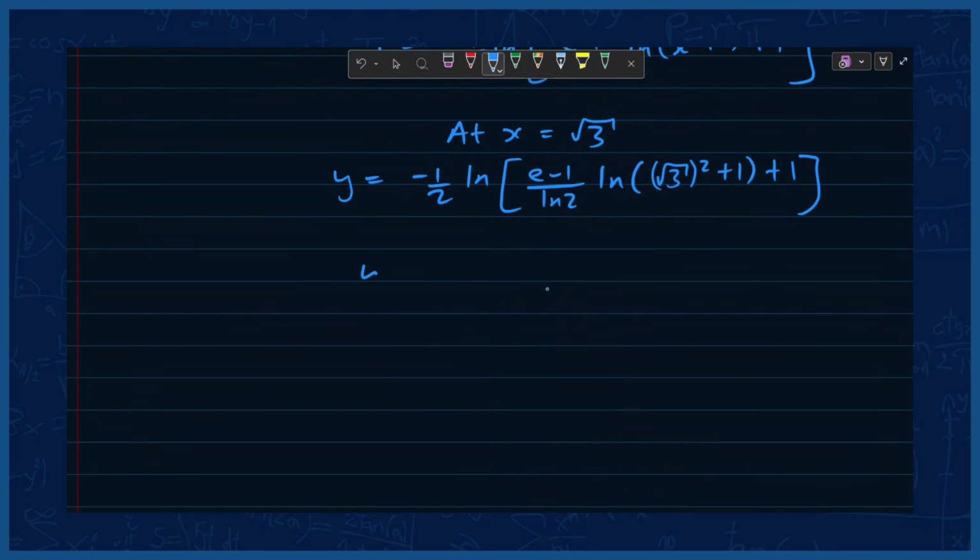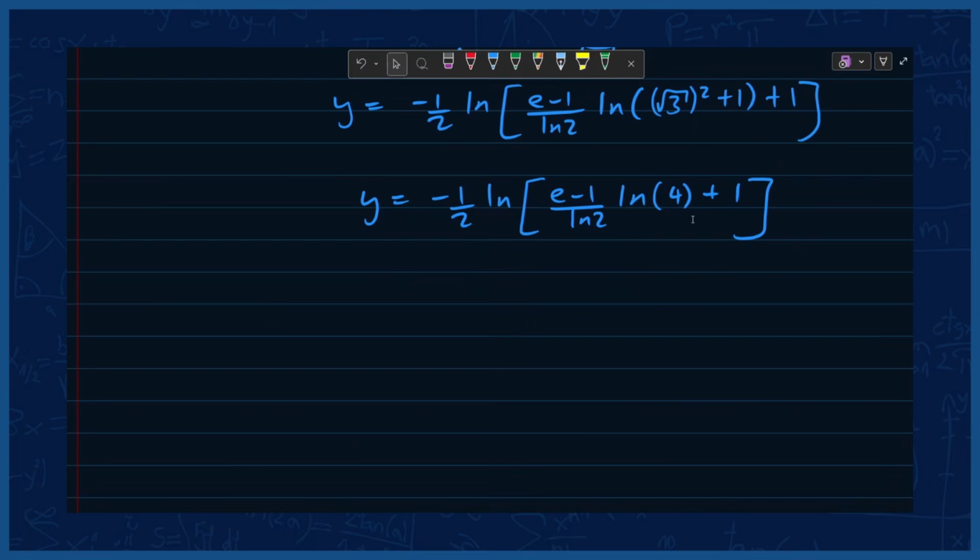Okay, and so y is equal to negative a half ln of e minus 1 over ln 2 times ln of root 3 squared, which is just 3. 3 plus 1 is 4, plus 1. And let me close my brackets. Now I'm pretty sure I can simplify ln 4 over ln 2.